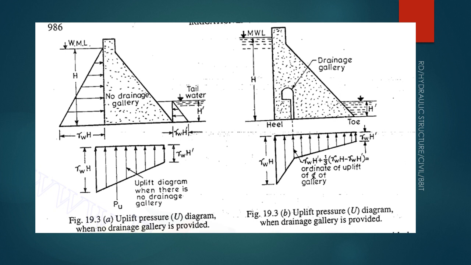The uplift pressure at this part will be equivalent to the pressure at the base at this point, and proceeding to the downward side, the uplift pressure at this point will be the stress at the base of the tailwater. Now in this scenario, see how we will calculate this line. This triangular part has been reduced to this length.